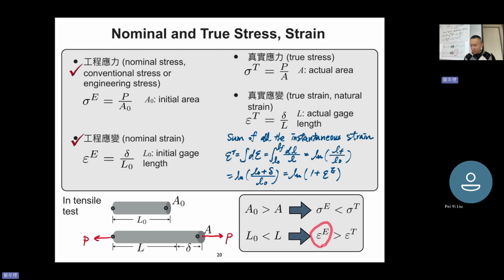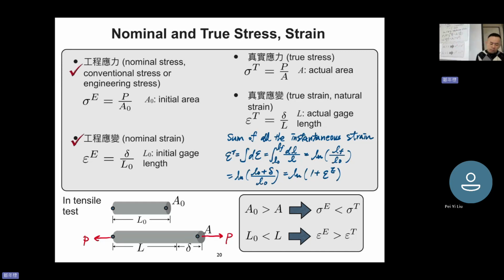And then epsilon E and epsilon T, which one is bigger? Because the actual gauge length L is greater than the initial gauge length, L greater than L0, it will be reversed, so epsilon E is greater than epsilon T. Okay, so that's their relationship.